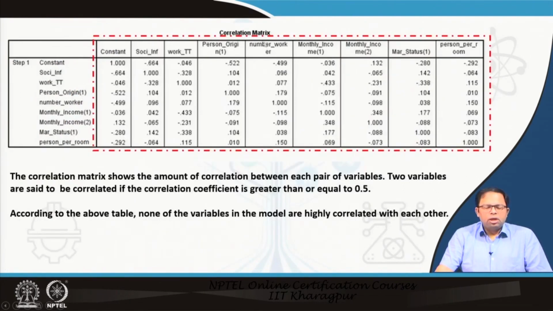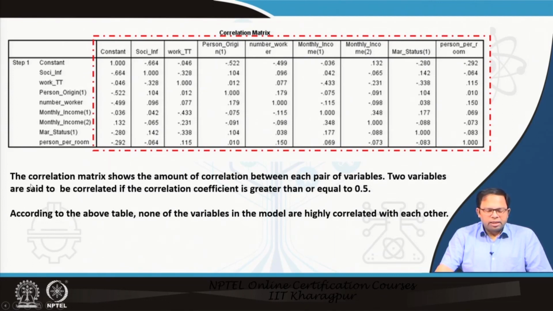So this is the correlation matrix that is also included. Here we see variables that are included in the model on both sides, and we see how they are correlated. This actually shows how work is correlated with social infrastructure. That is minus 0.328, and then work to work is of course 1, then work to person's origin, that is if he is a migrant or not, that is 0.1012.